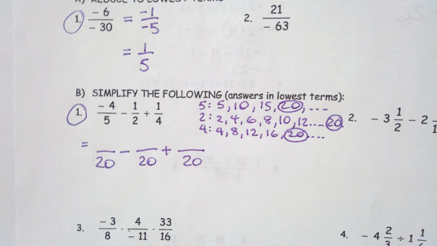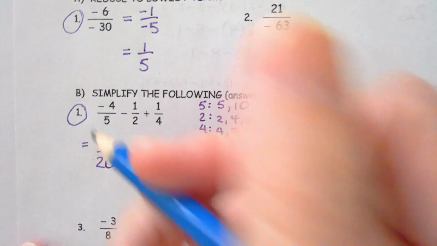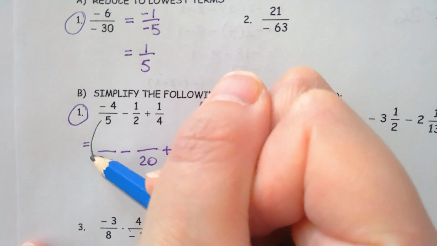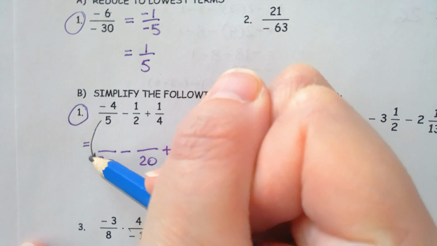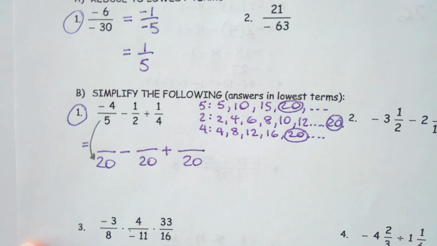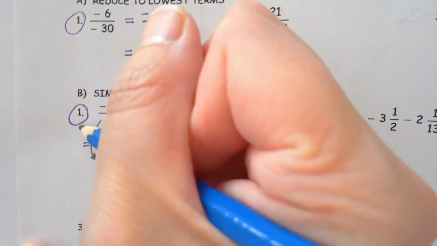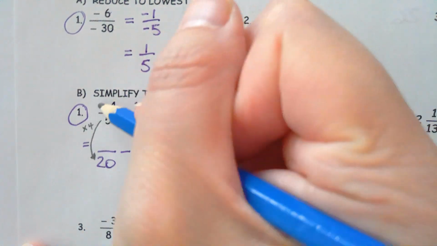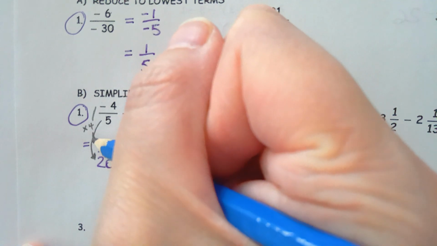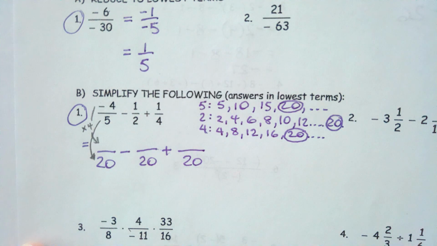So I can't just change the denominator to 20 because that would be just changing the question. So how do I change from a 5 to a 20? Yep. Multiply by 4. So if I times this by 4, that means on the top I have to do the same thing. So -4 times 4.